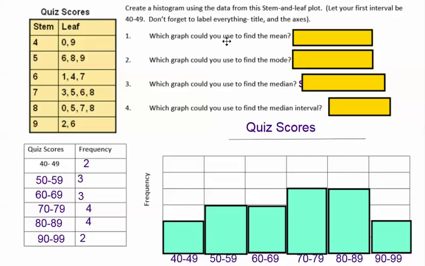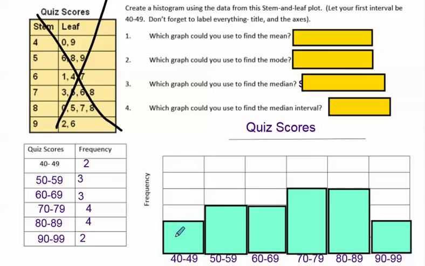Let's say they wanted us to find the mean. Remember, to find the mean, we add up all the quiz scores and divide by how many scores there are. If I'm looking at this histogram, I'm not looking at the stem and leaf. Let's say I only have the histogram. Do I know what the scores are in here?